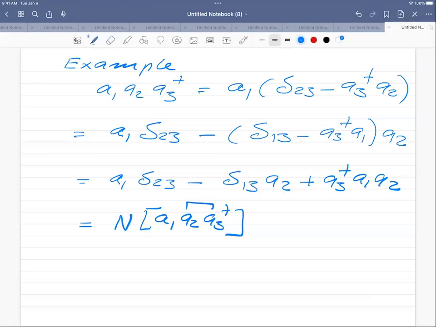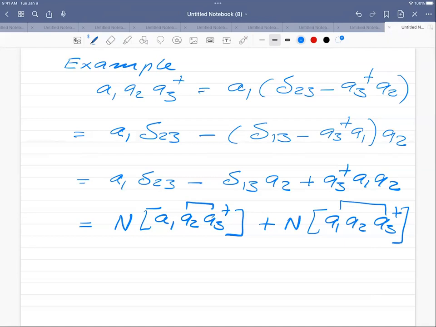Then if you look at the next term, we are going to have plus n, and now we are going to have an A1, A2, and A3. Now what happens is that I have to interchange A1 and A2. So this interchange gives rise to a minus sign.